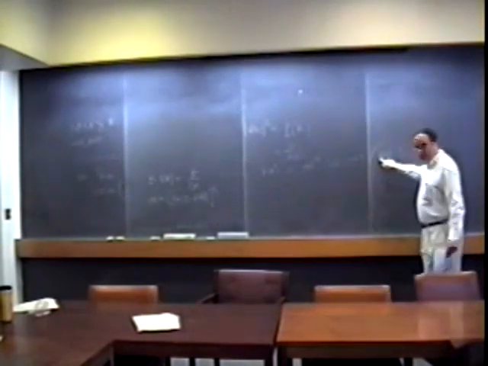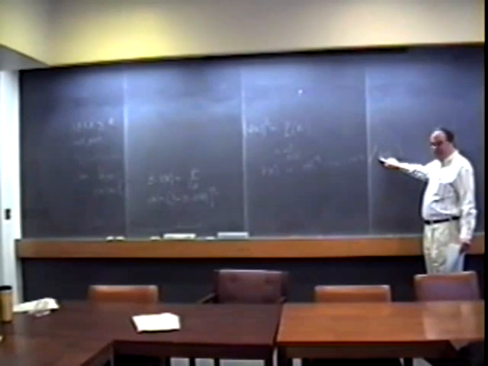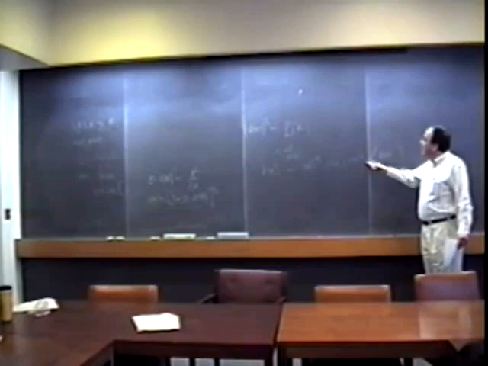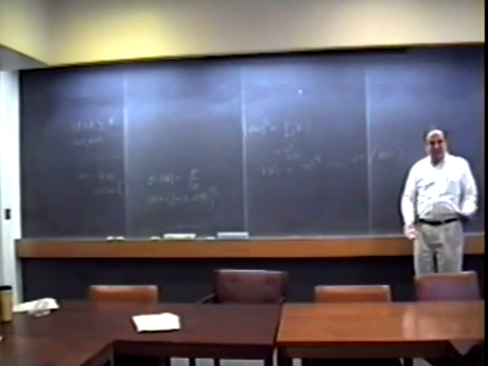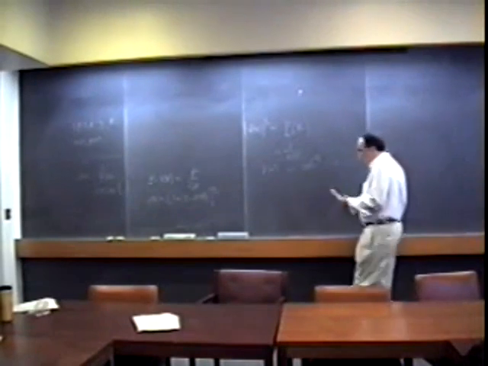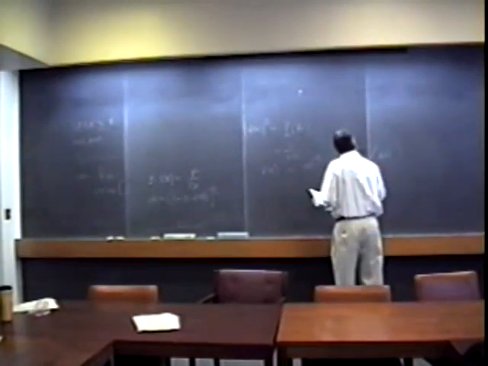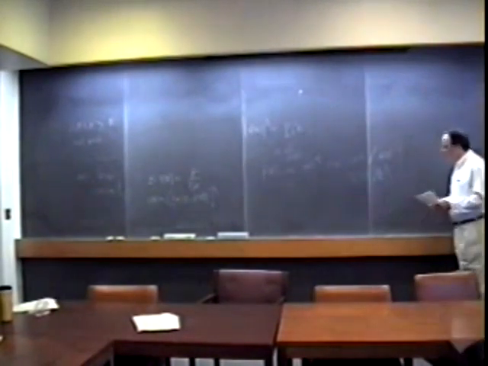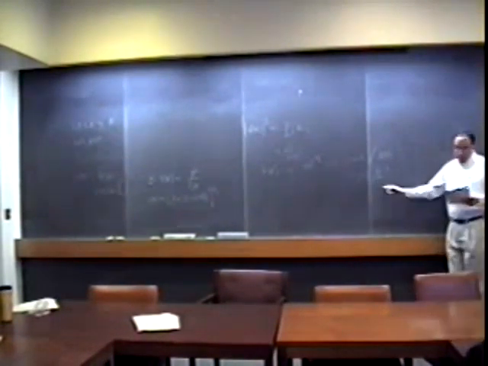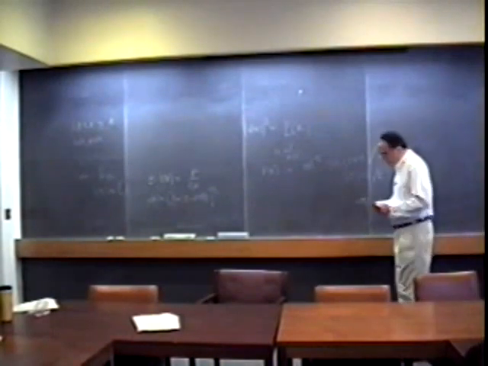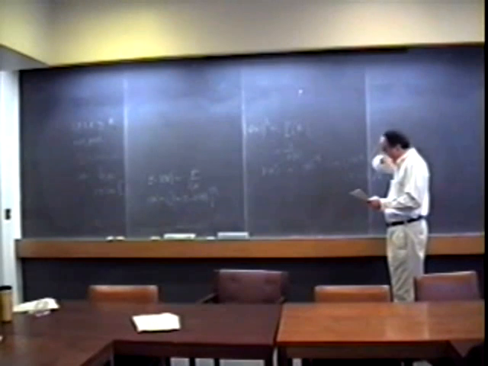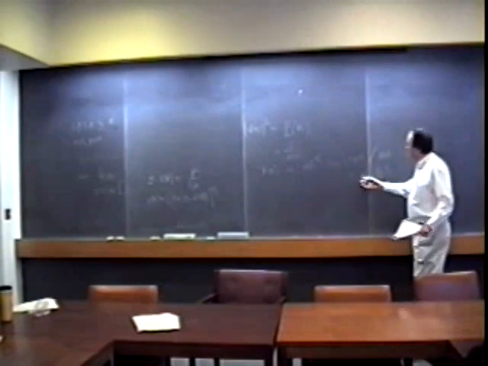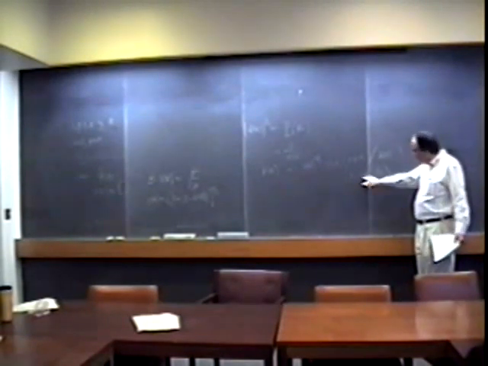So what is this? Well, this is h over p. So we have r times p. R times p has dimension of action, and so we have sine of r times p of r over h bar. Sine, okay, that's all right. And since we know what p of r is, we can plug in the energy dependence. We can write this function.